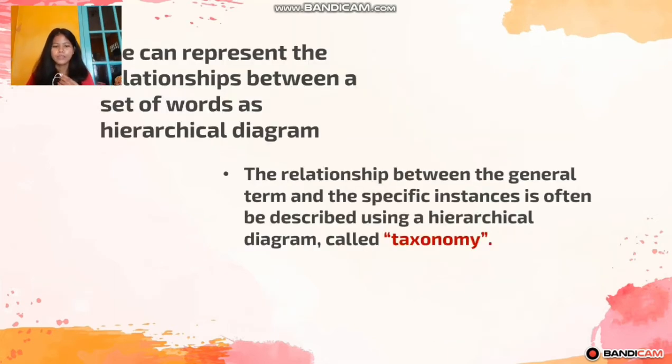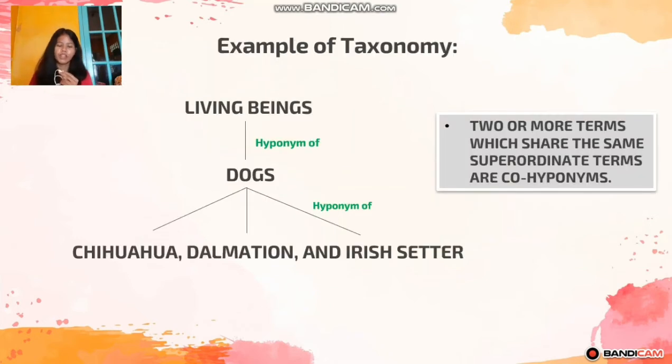We can represent the relationship between a set of words as a hierarchical diagram. The relationship between the general term and the specific instance is often described using a hierarchical diagram called taxonomy. This is an example of taxonomy. There are Chihuahua, Dalmatian, and Irish Setter.